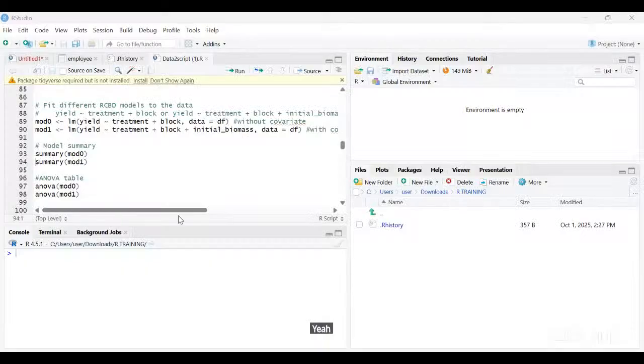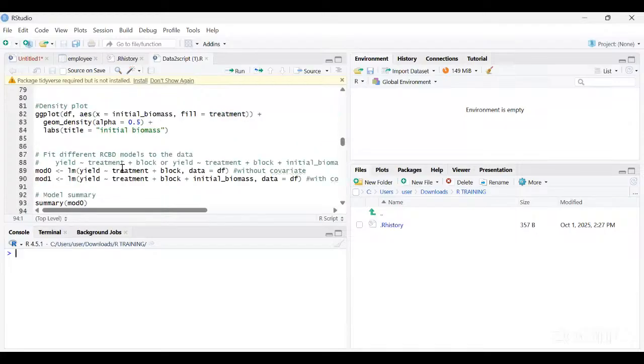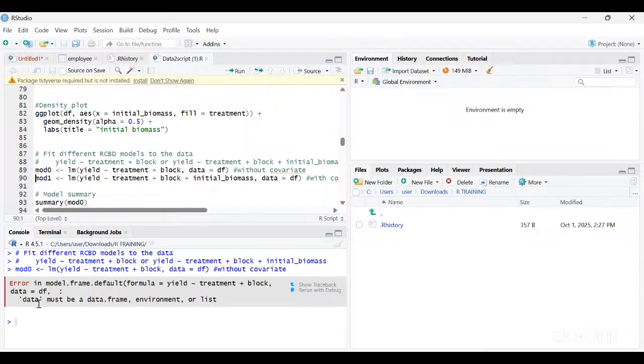Stephen, you can now share your screen. Okay, can you see?